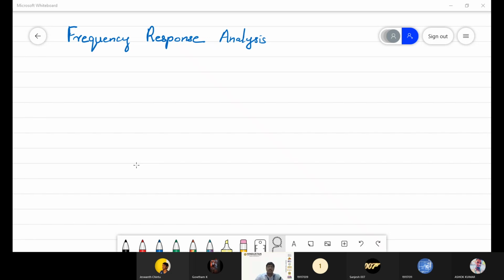As I told, here it is a sinusoidal input, and the transfer function here also will be in terms of sinusoidal, that is, sinusoidal input to sinusoidal output. So that we call the frequency response transfer function. The time domain transfer function is different, otherwise the generalized transfer function is different.